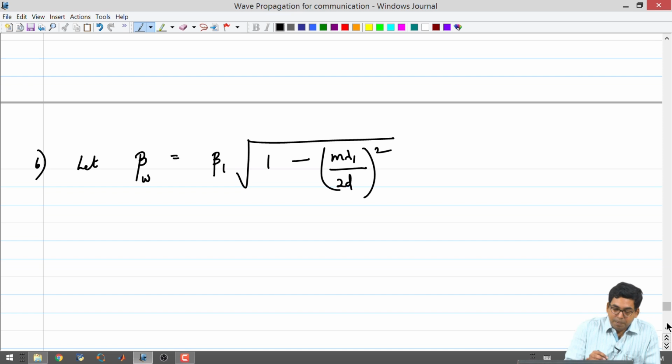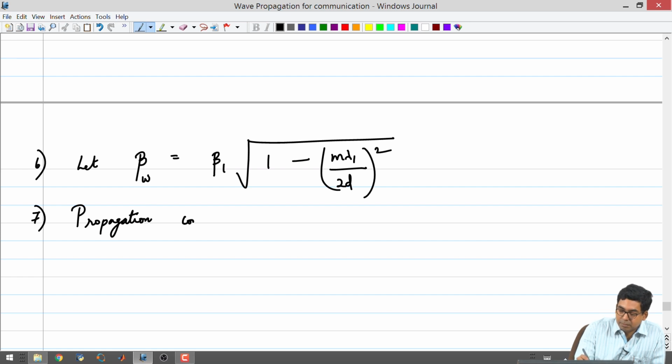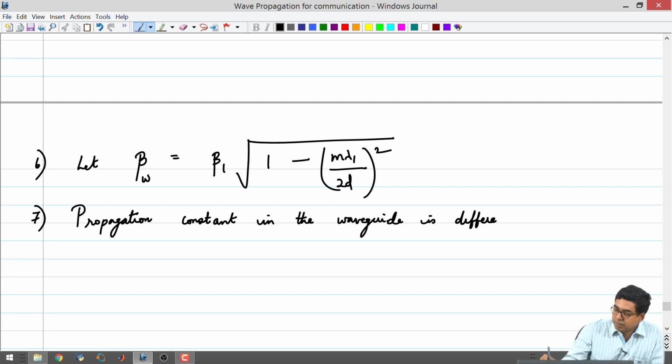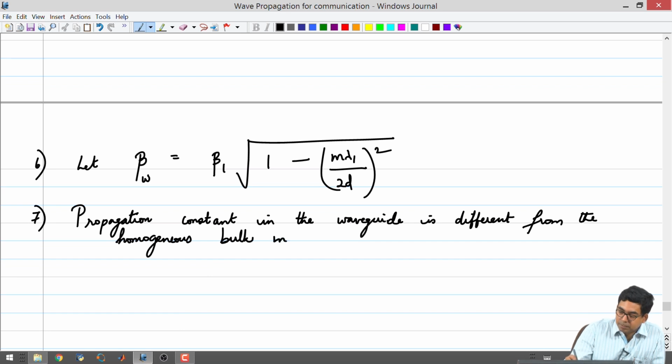First of all, the propagation constant is different from the homogeneous bulk medium.